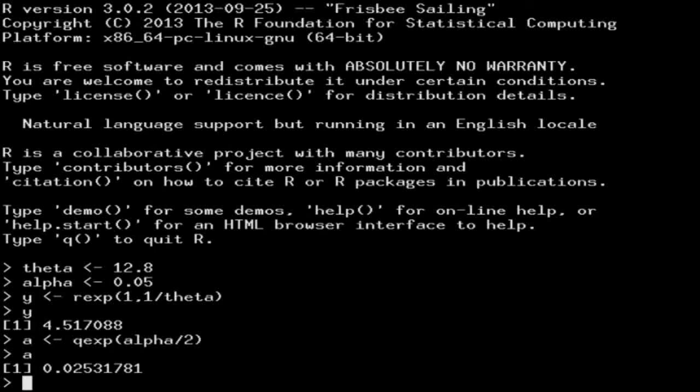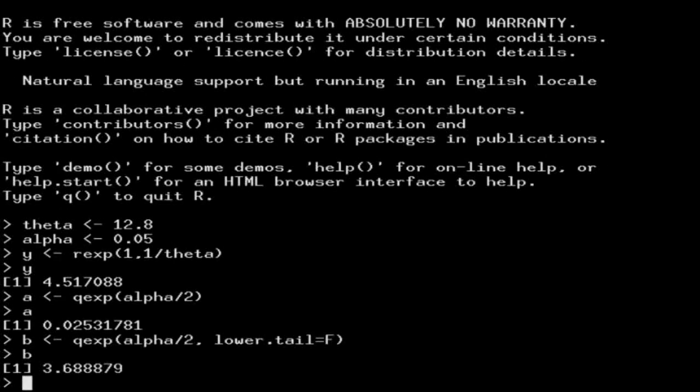For our upper bound, we have B being QEXP alpha over 2, but since it's an upper bound, we want our lower tail to be false. And so we've got an upper bound of 3.688879.